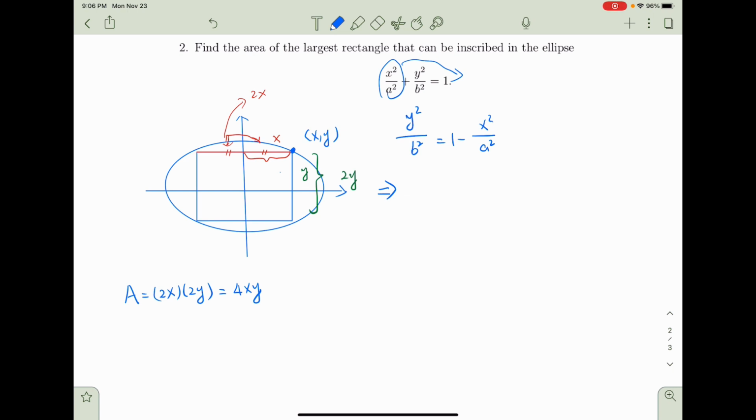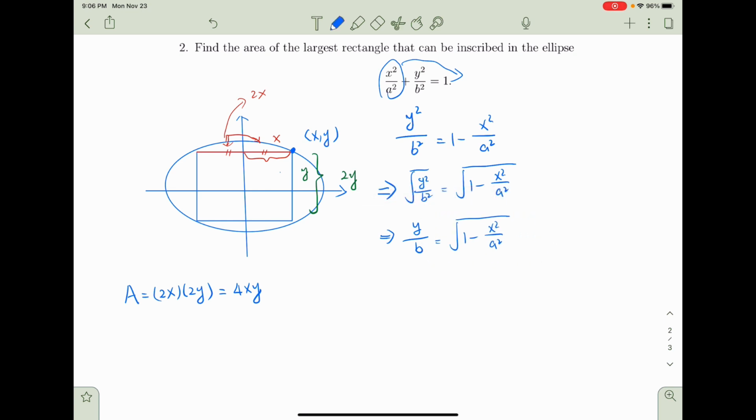In this case, y over b equals the square root of 1 minus x squared over a squared. So it gives you y over b equal to this one again.